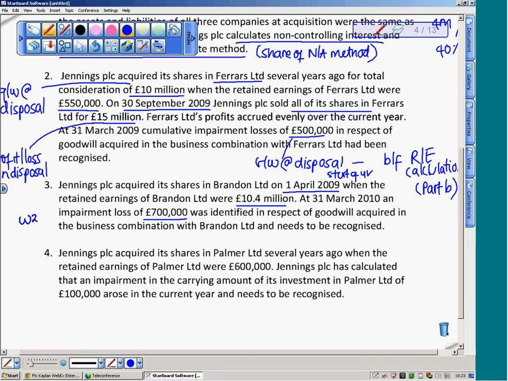So it's going to impact our working to the consolidation schedule. We're going to need to process that impairment. We are using the NCI at the share of the net assets method, so it will be in P's column that you see this adjustment filtering through.